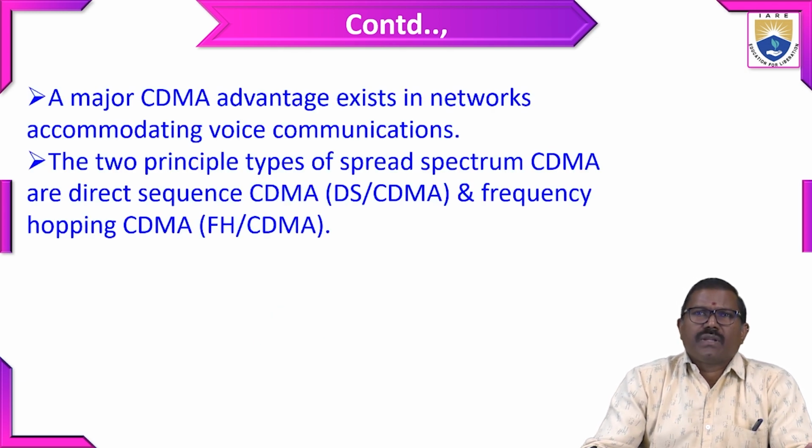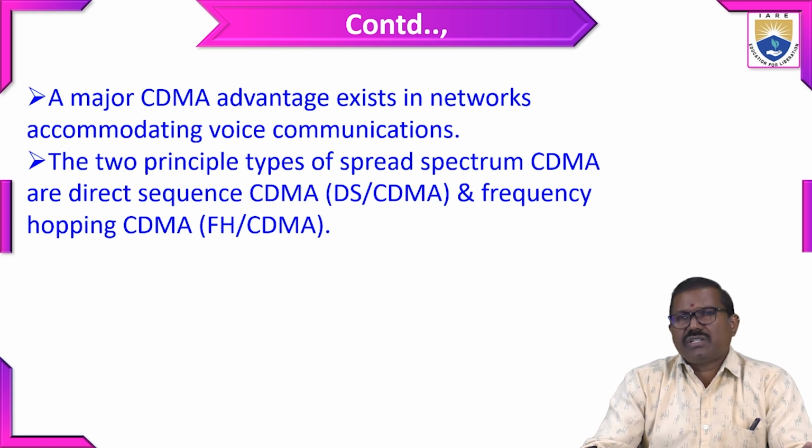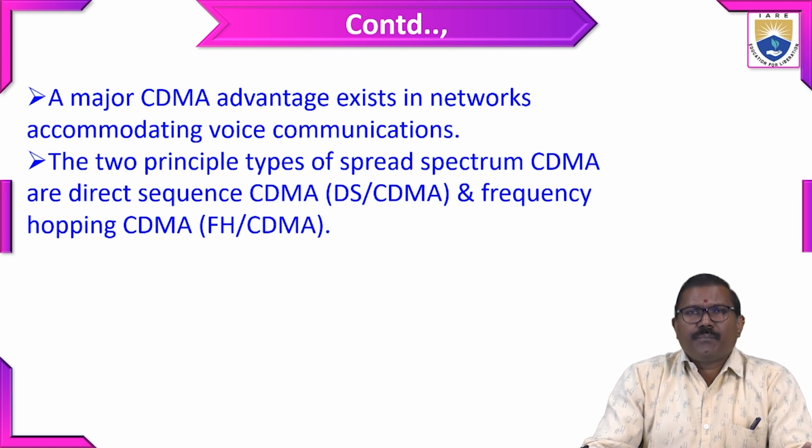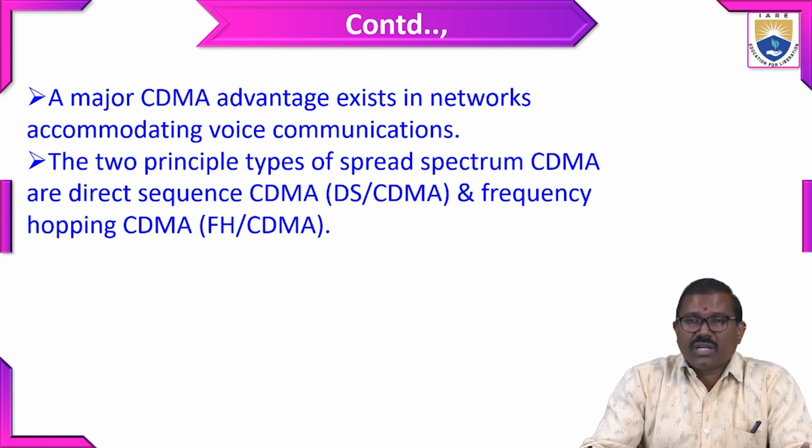So another major CDMA advantage exists in networks accommodating voice communications. But 80% of users are GSM. So that is dealing with cellular mobile communications, not the digital communications. The two principal types of spread spectrum CDMA are direct sequence CDMA and frequency hopping spread spectrum.